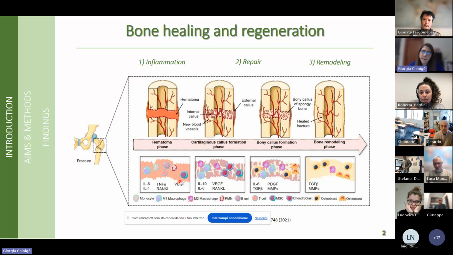At the same time, mesenchymal stem cells, in order to balance the response, start to secrete some anti-inflammatory factors in order to avoid an excessive inflammatory response.